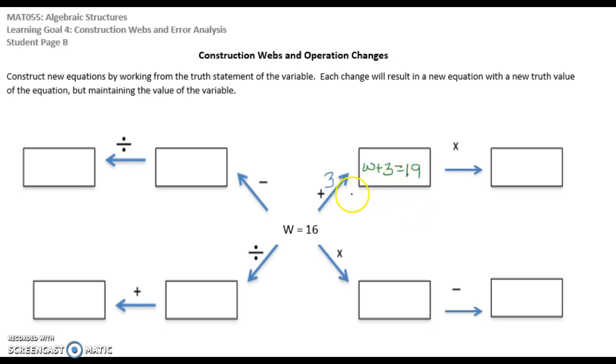And so we can look at this alteration of adding 3. So now our new expression, w plus 3, is worth 19, but our variable, that is 16, is still living right here because 16 plus 3 is in fact 19.